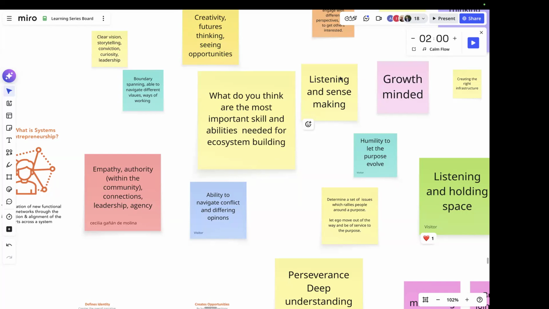They also need some personal, human characteristics that make the community trust them. So I wrote empathy, authority within the community, connections, because at the end they need to have their own network to begin with for this ecosystem building. Leadership and agency. I think if you also have agency in the topic you are going to build on, it helps a lot as well.